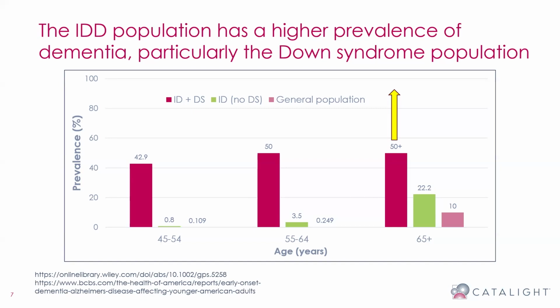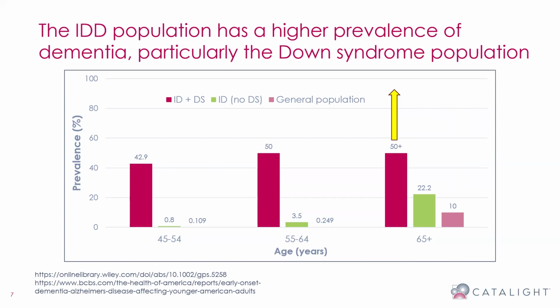This has great implications, not just the dementia itself, but knowing that the same population has higher incidence of other comorbidities such as diabetes and hypertension, the dementia will interact with their ability to manage the rest of their health and the rest of their comorbidities. So this is an important data point.